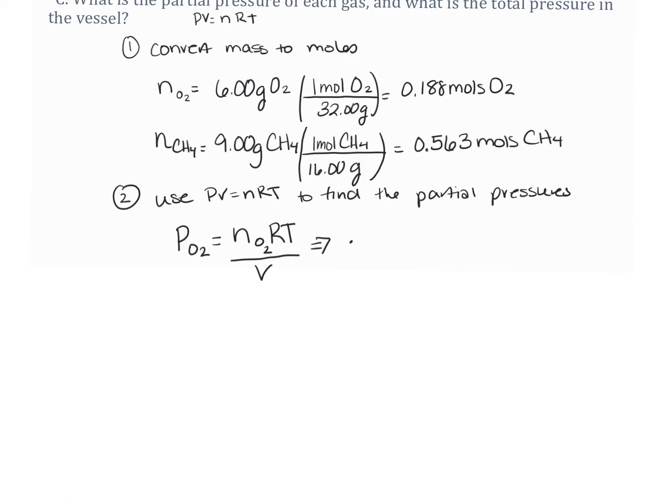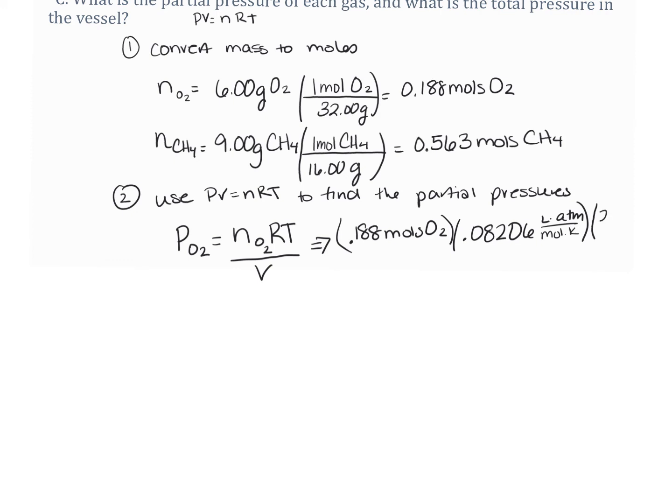So the number of moles we have is 0.188 moles of O2. We know the gas law constant is 0.08206 liters times ATM over moles times Kelvin. And then we look back up at the problem, and it says the temperature is 0 degrees Celsius.